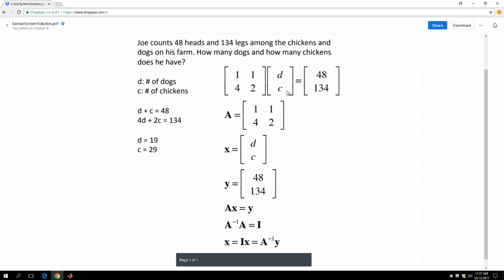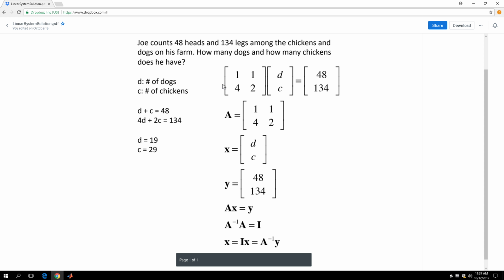On the right-hand side, we have two numbers, 48 and 134, so let's construct another column vector with 2 rows, 48 on top and 134 on the bottom. What I claim is that these two equations are equivalent to this linear system.